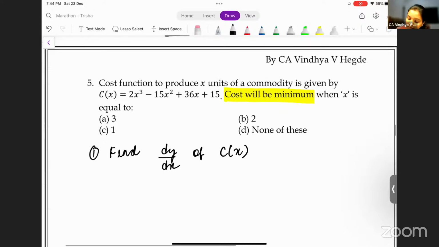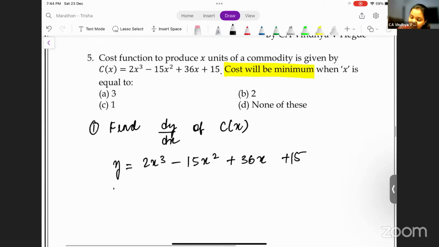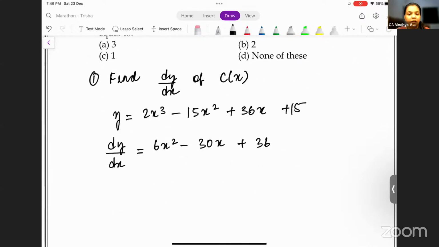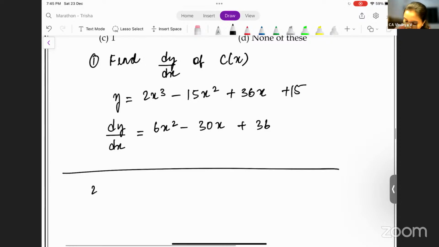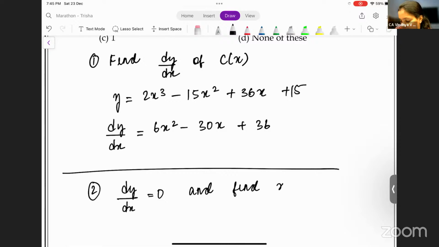So here, let's say cost function is y = 2x³ - 15x² + 36x + 15. So dy/dx will be 6x² - 30x + 36. Next, step 2, take dy/dx as 0 and find x.